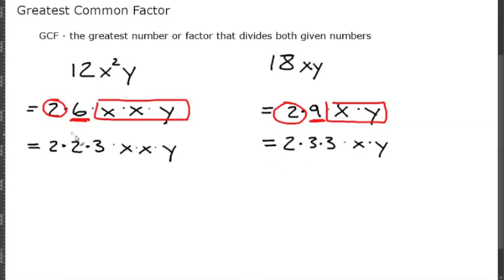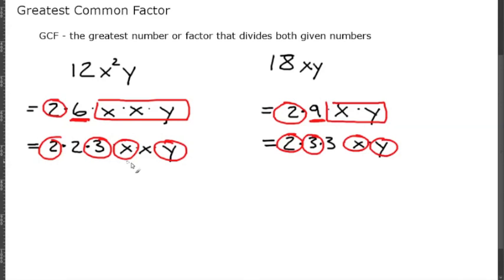Now we find what they have in common. So each has a 2. There's not another 2 on this side. There is a 3 in each of them. This side has a 3 that this one doesn't. There is at least one x, and there is one y.